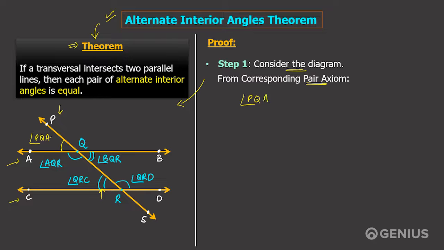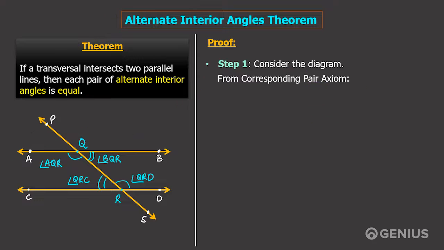Correct? तो this was the corresponding pair axiom. अब इसको हम कहेंगे equation number 1. Similarly, angle PQB is equal to angle QRD, right है, इसको हम बोलेंगे equation number 2.